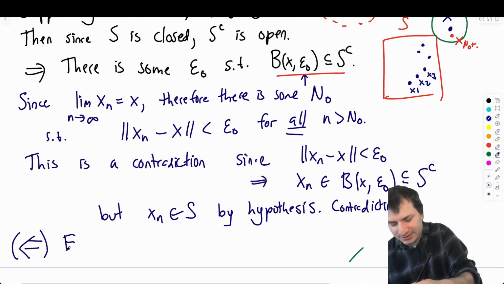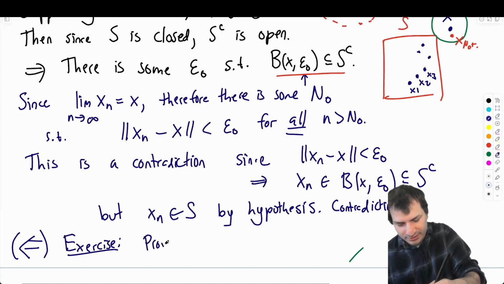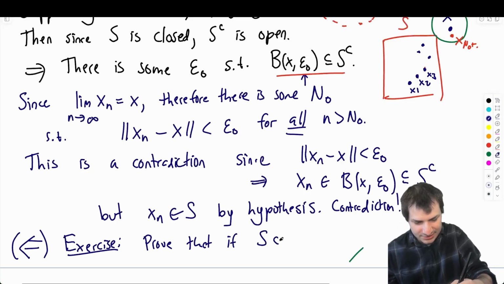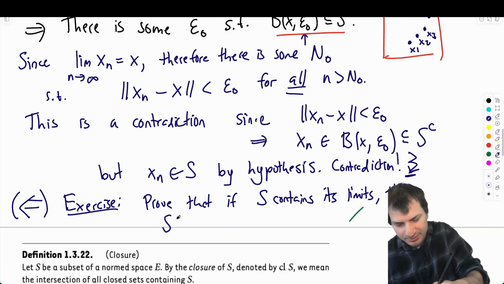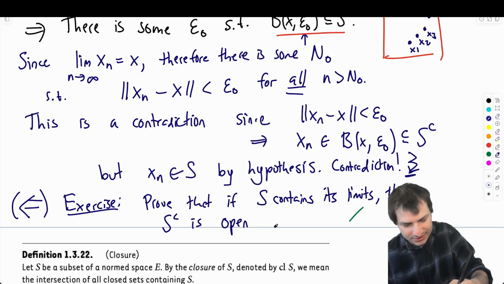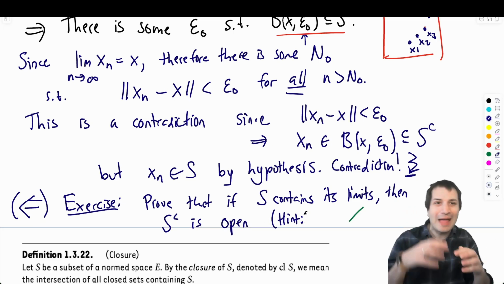So exercise, which is prove that if S contains its limits, then S complement is open. And the hint is, if you do it by contradiction, what would happen if it's not open?